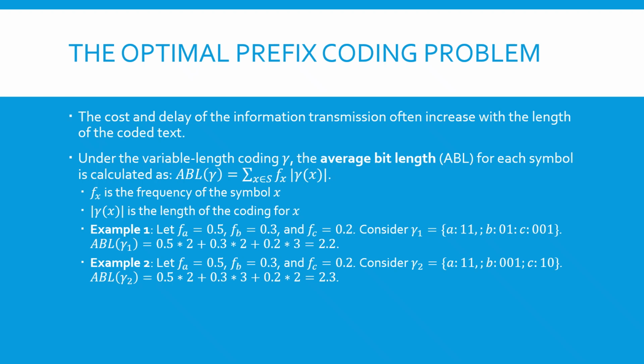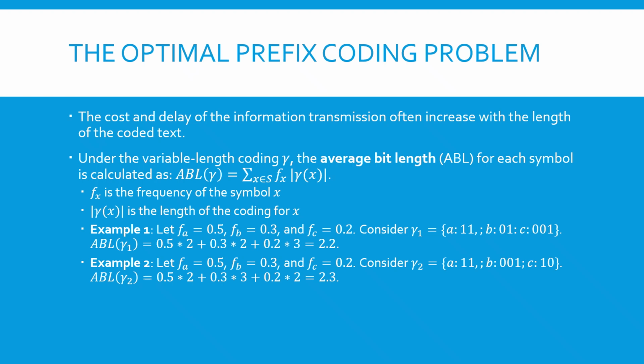For a coding scheme gamma, the ABL is defined as the sum over all characters x of fx times the length of gamma x, where fx is the expected frequency of x, and gamma x is its code word. The value ABL of gamma represents the expected number of bits required to encode a single character.